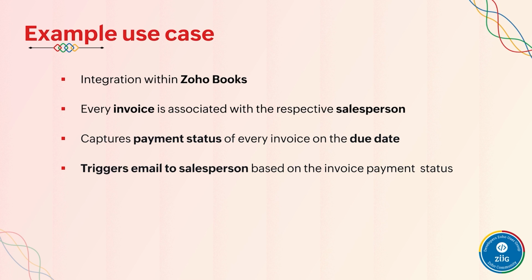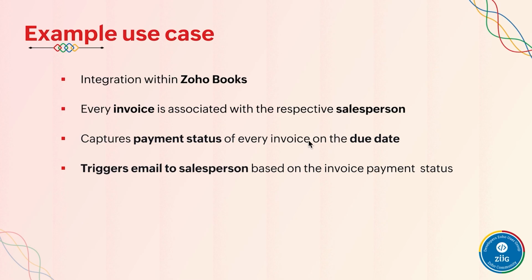for every invoice that is available in Zoho Books, a salesperson will be associated. Whenever the status of the invoice gets changed to paid or overdue, based on the status, an email has to be triggered to the salesperson to take respective action.